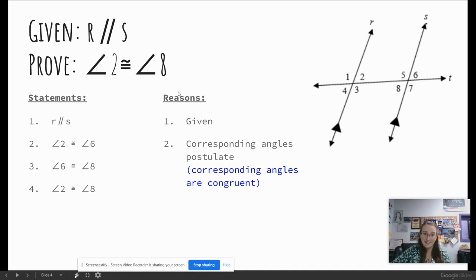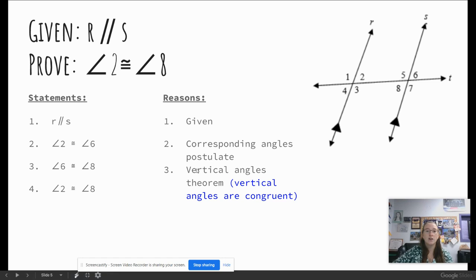Well, the reason why is because of their relationship. 6 and 8 are vertical angles, and vertical angles are congruent. So that's my next reason. I am allowed to say that angle 6 equals angle 8 because they are vertical angles and vertical angles are the same.